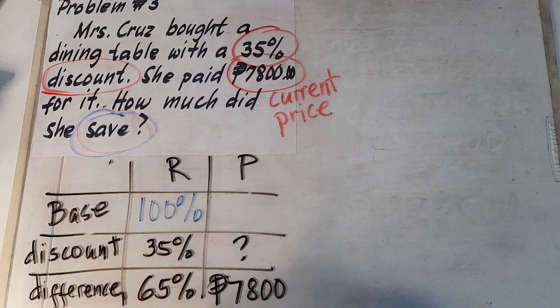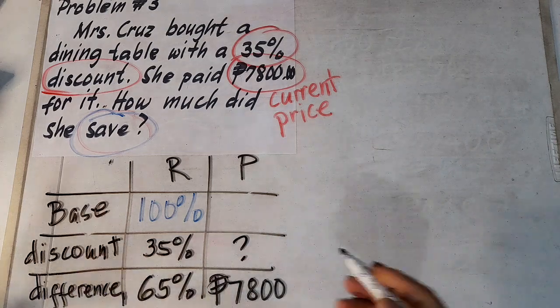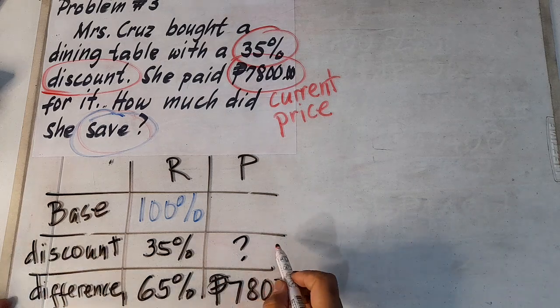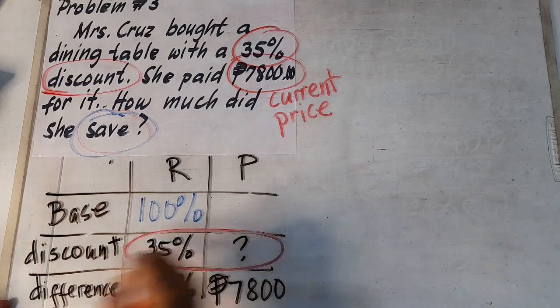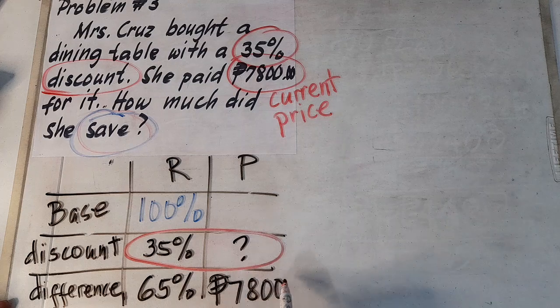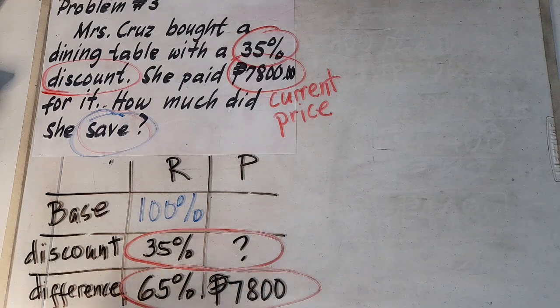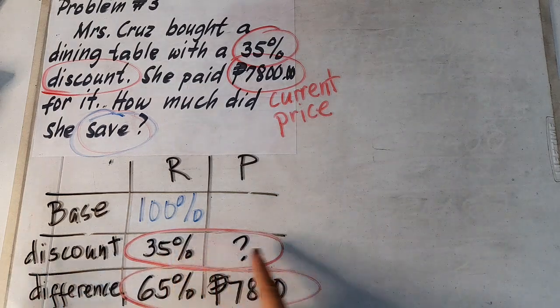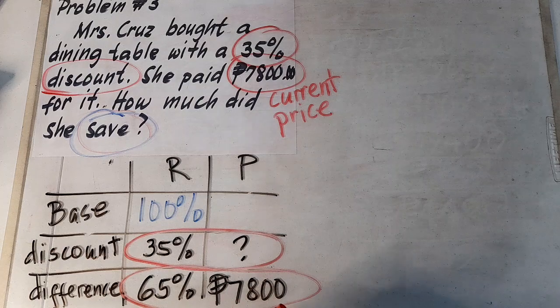So, kagaya na sinabi ko, you look for that video that I have in my channel. Okay? So, ang gagamitin natin dito, itong 35% at saka yung question mark and yung 65% at saka 7,800. Okay? So, this is a direct proportion. Horizontal lang yung pagkopya natin.